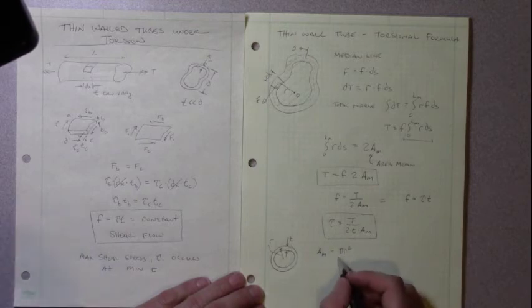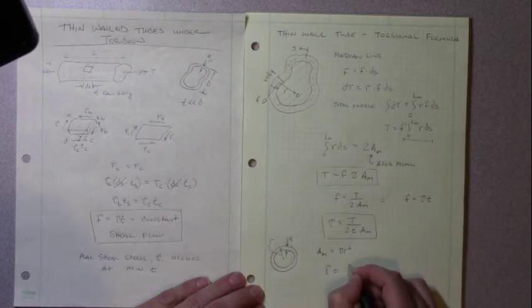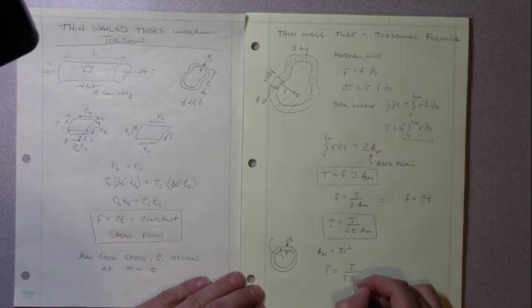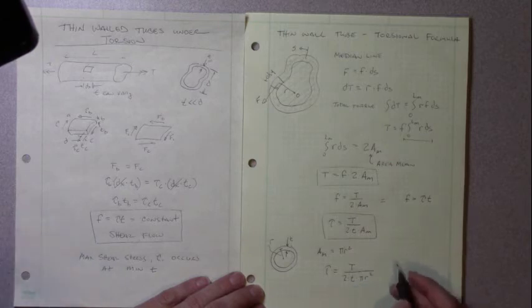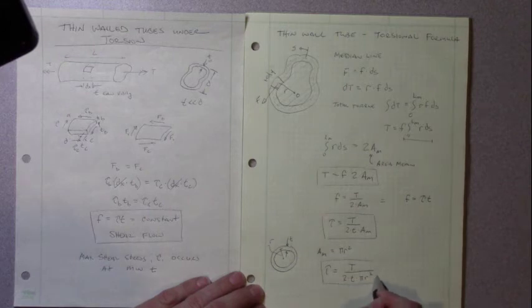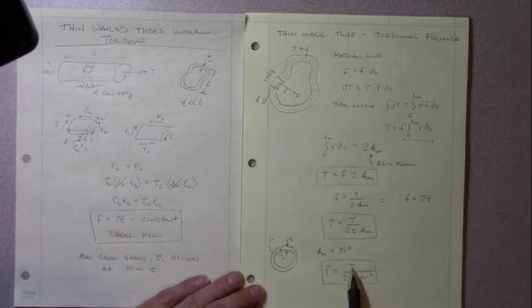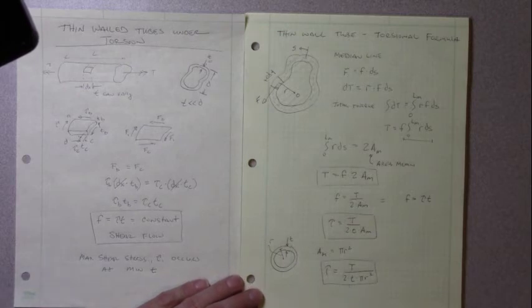So our shear stress is equal to our torque divided by 2 times our thickness times our area mean, which is pi r squared. And this would be our shear stress equation for our thin wall hollow circular tube. So torque, thickness, and radius give us our shear stress.